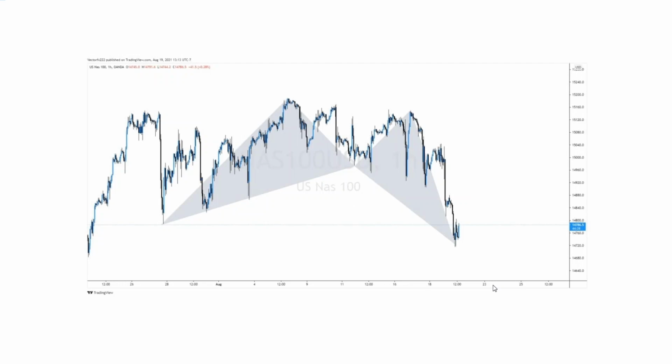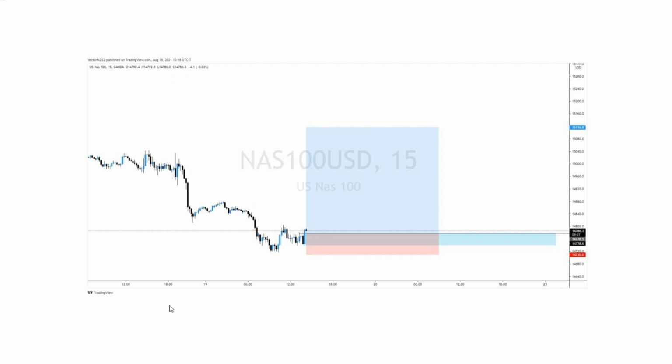Precision based trading, we trade harmonics a lot. It's one of our specialities. Most of the time we find our directional bias with harmonic patterns. Again, because we want to lower the risks as much as possible, we refine our entries into lower time frames. So in NAS 100, we saw a bat harmonic pattern in 1 hour time frame, lowered the time frame to 15 minutes.